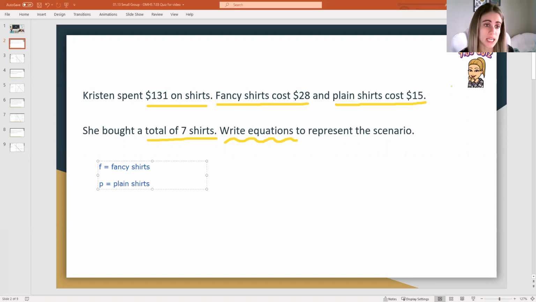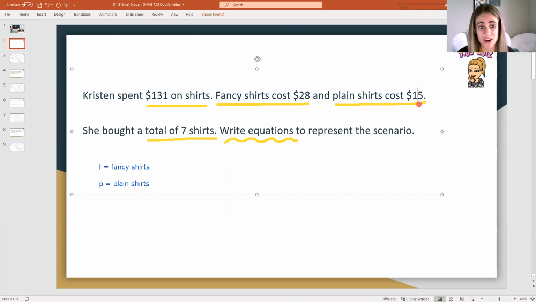Now, after I read, I can get a little bit more information on what exactly it is. Is it the cost or is it the number? Well, that being said, let's look at our information to figure out whether this is the cost per shirt or whether it's the number of shirts I bought. Well, I see that it tells me the cost per shirt because it's 28 for a fancy, 15 for a plain.